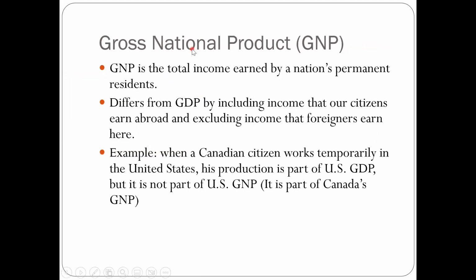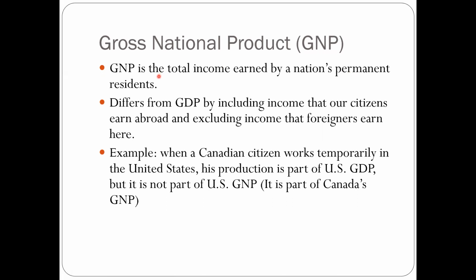We have another very important measure of economic activity: the gross national product, which is the total income earned by a nation's permanent residents. In the gross domestic product, we focus on the place, the country, within its borders.